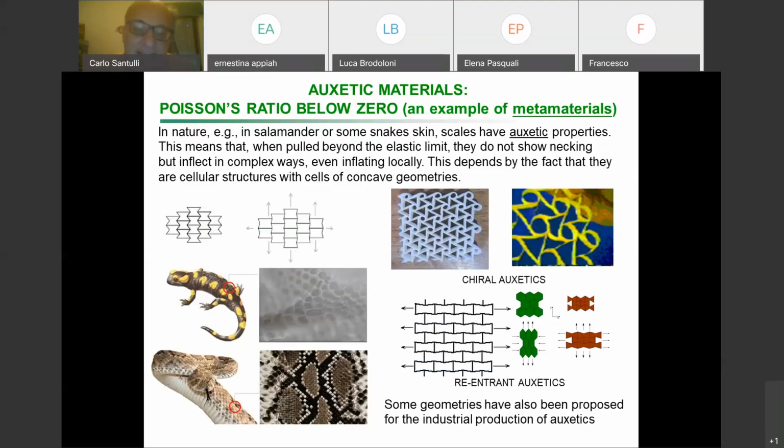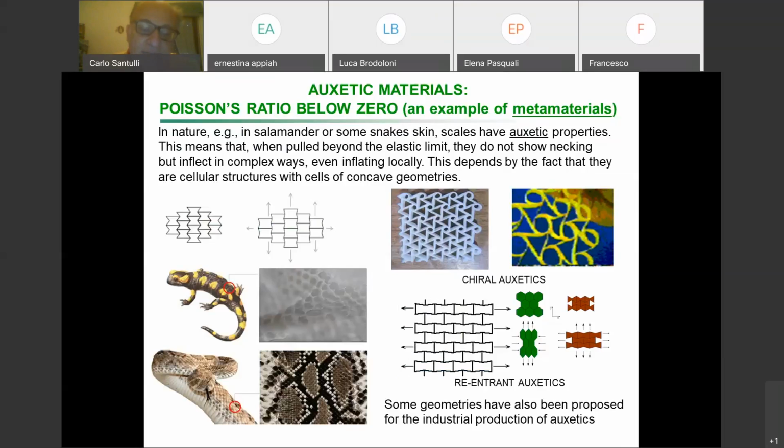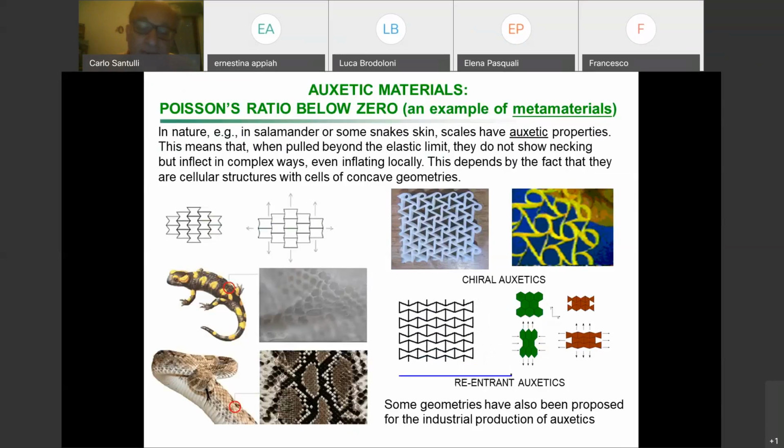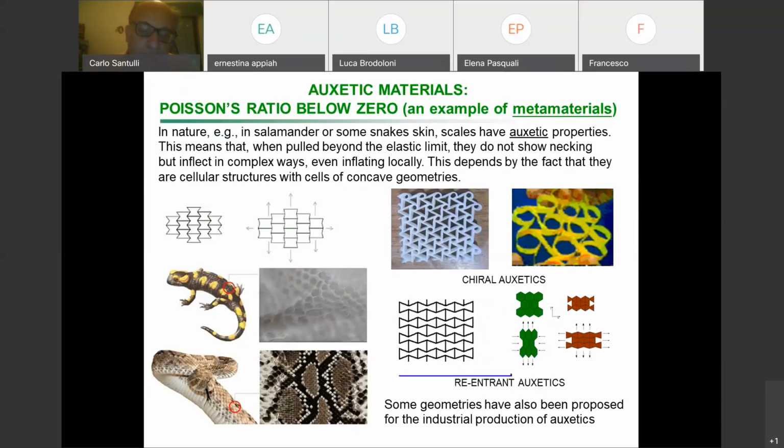Therefore, the cells are made in hexagonal form, which implies that they all have the same shape, and in practice their Poisson ratio is not far from 0, but they have normal behavior, so-called normal behavior, when we pull them, they stretch.